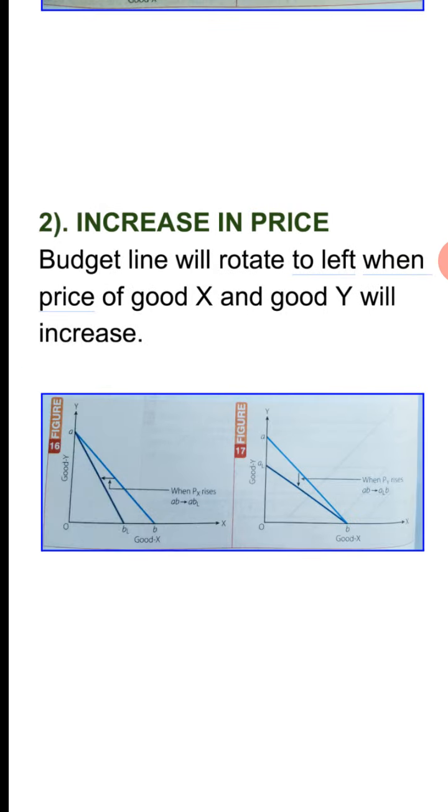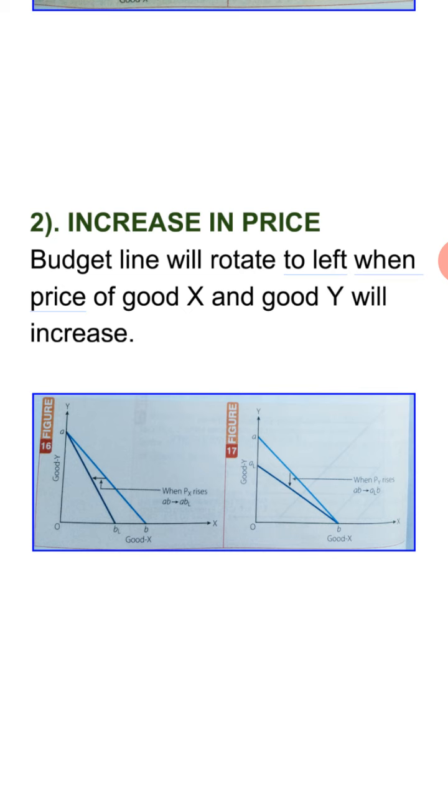budget line. Now the second condition, that is increase in the price, it will be just opposite condition of decrease in price. अगर increase in price की बात करें तो ये एकदम opposite condition होगी of the decrease in price. Obviously there was the rightward rotation, so here will be the leftward rotation. यहाँ पे हम लोग देख रहे हैं कि good x और good y के price increase हो गए.